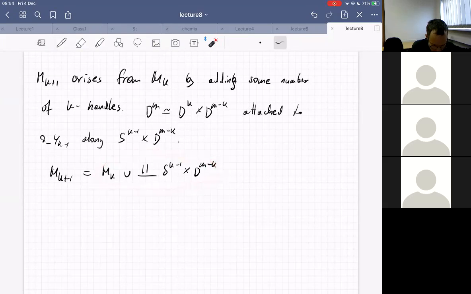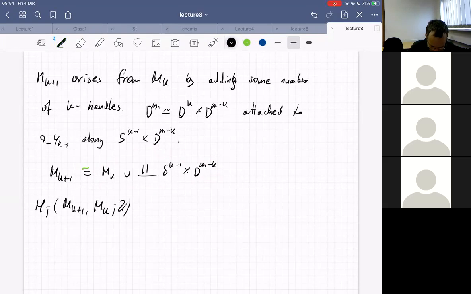So now let me write something. What is Hj, the relative homology group of Mk? All right, and of course here we use the fact that it is homotopy equivalent.